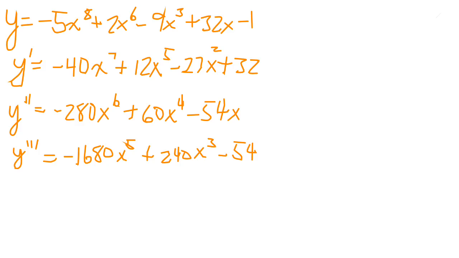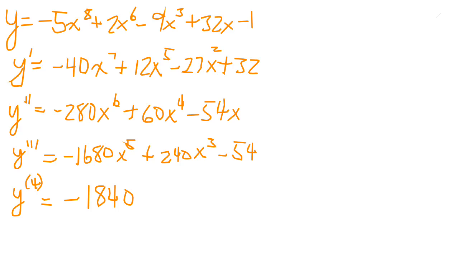Now the fourth derivative, so we put y up here, put the 4 in parentheses, or you can use the Roman numeral IV. The fourth derivative of y is negative 1840. That's not right.